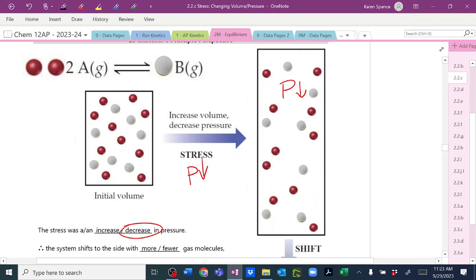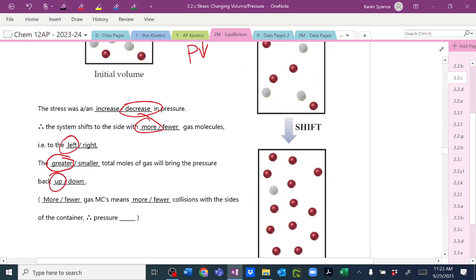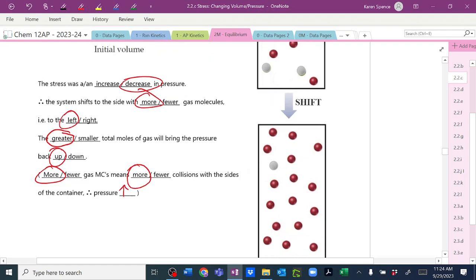Towards the side with more gas molecules. In other words, to the left. That's going to give us a greater total number of moles to bring the pressure back up. More molecules mean more collisions, and therefore the pressure increases. Is that good? Okay.